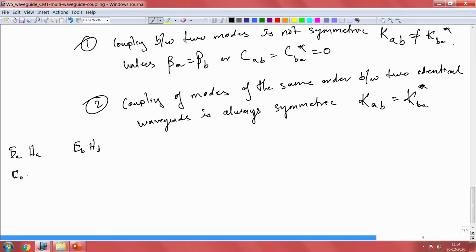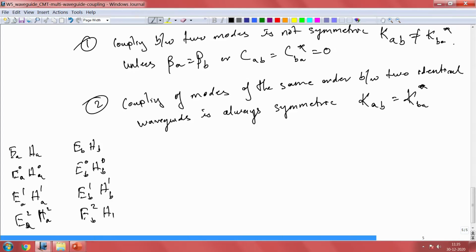So, we will have E naught, H naught, for A and B, and then the first mode, EA, HA, EB, HB, and then the second mode, EA, HA, EB, HB.